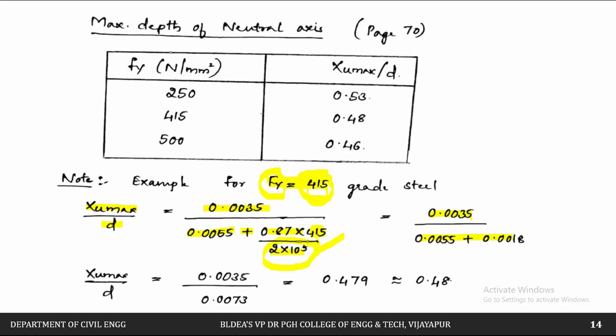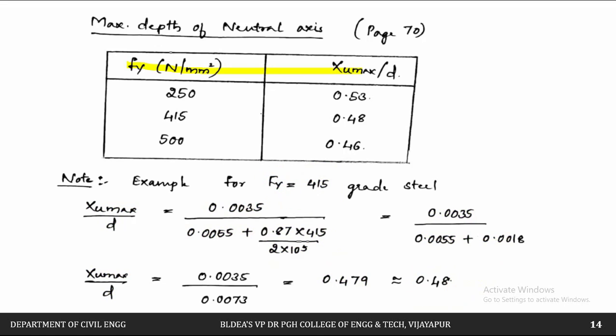If you simplify this, you will get the answer as 0.0479, that is approximately equal to 0.48 xu max by d. So this is nothing but the maximum depth of the neutral axis, that is 0.48 for grade Fe415.